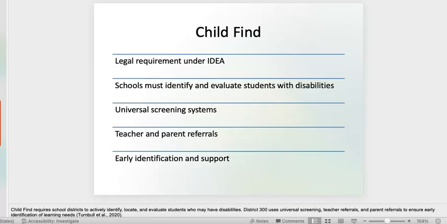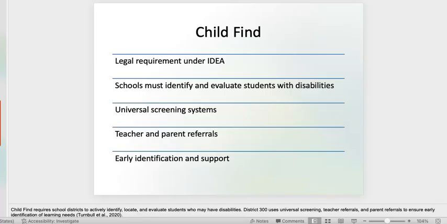Child Find is a legal requirement under the Individuals with Disabilities Education Act. It requires school districts to actively identify, locate, and evaluate students who may have disabilities and may need special education services.